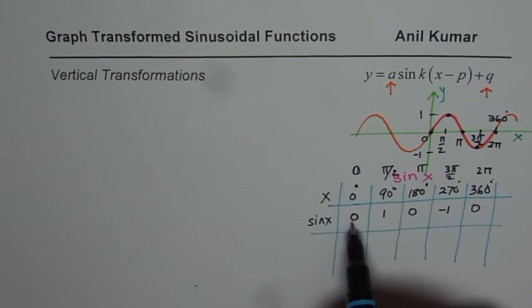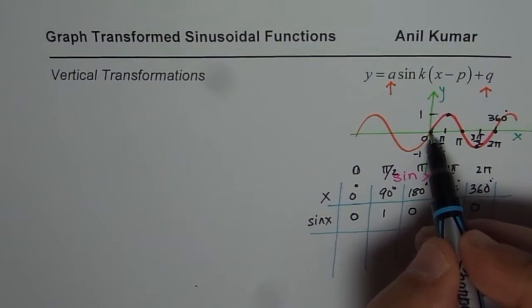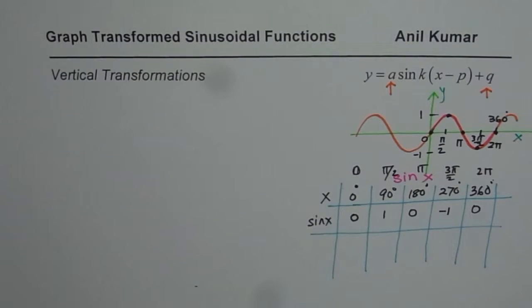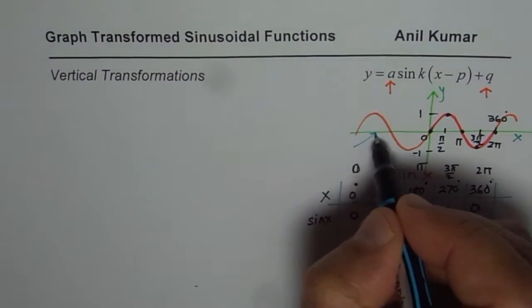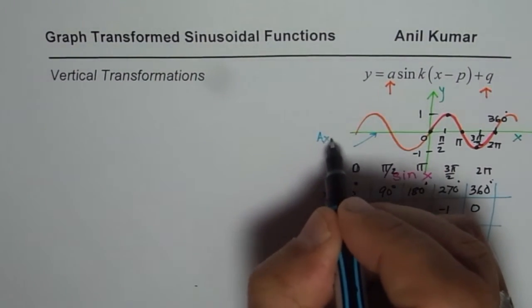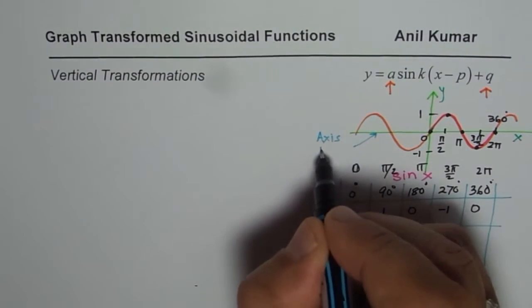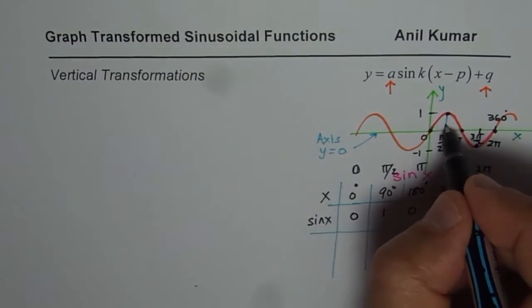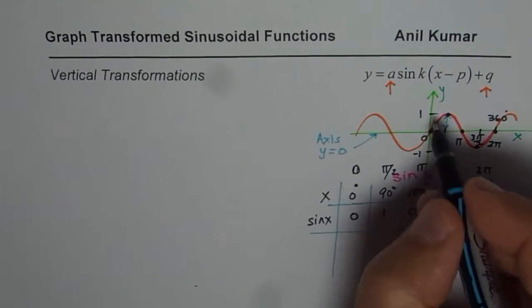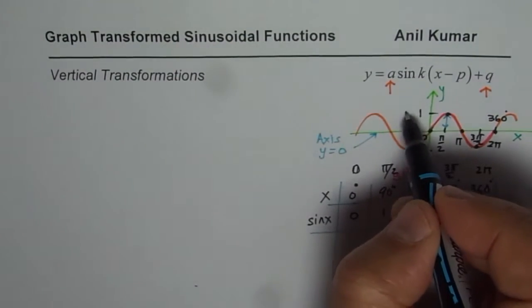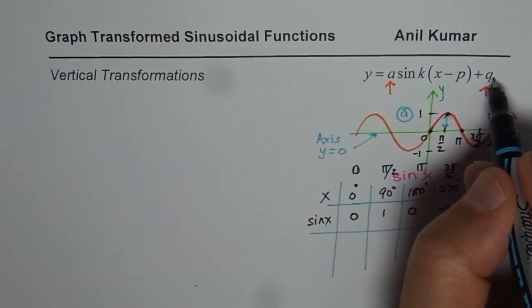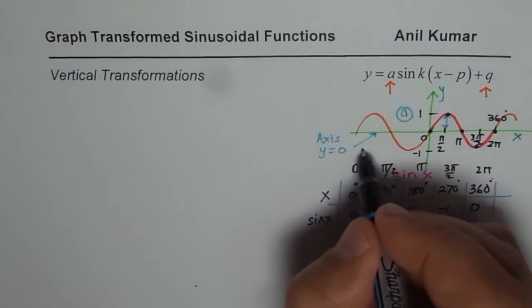Remember, the starting point is on the axis, so we are calling this line the axis. And the equation of the axis is y equals 0 for us, correct? And this distance here is the amplitude, and this amplitude is reflected by the value a, which we are talking about, and this axis is represented by q.